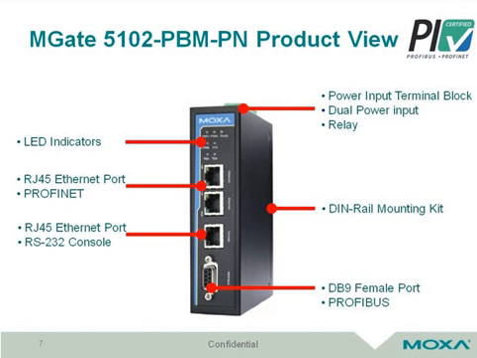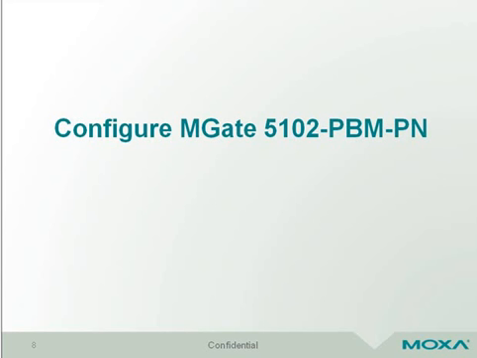The fourth one is the PROFIBUS DB9 female port to connect PROFIBUS slave devices. Above all, we have roughly introduced what the product is used for and the product view.